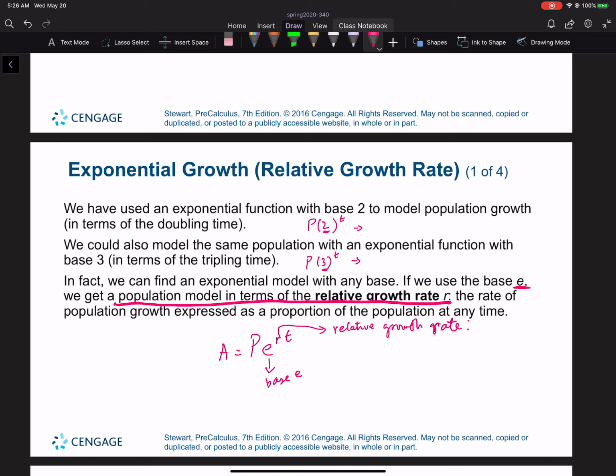Right. So even though this was used to solve compounding continuously, we can take that approach and transfer it to when we're dealing with population that deals with the relative growth rate.